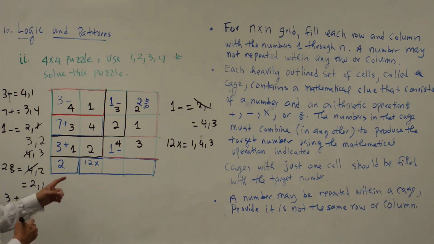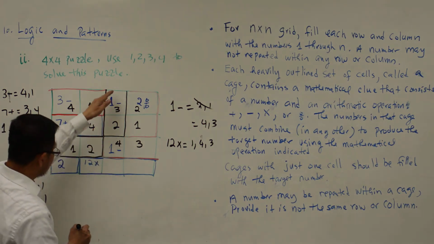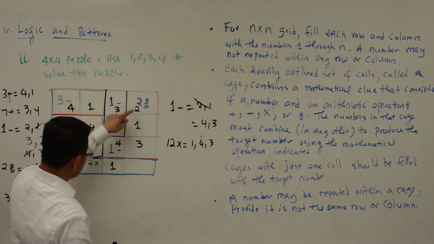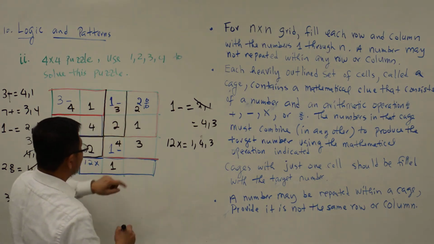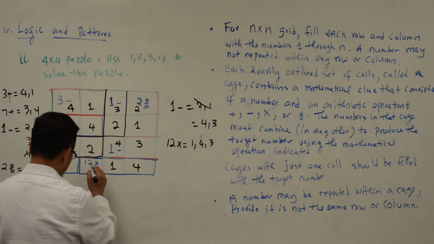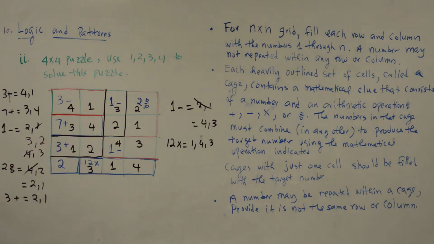So this one here, I can use only 1 in this column. Then this is 2, 1, 3, so I use 4 here. And then now it's 4 here, this is only 3. So this solves the puzzle now. Okay, thank you. Then we move on to another 4 by 4 puzzle.